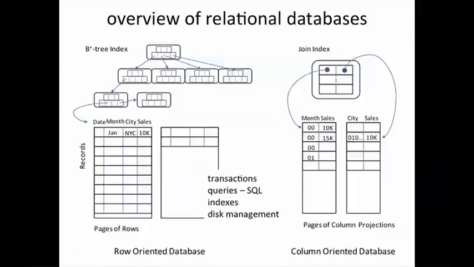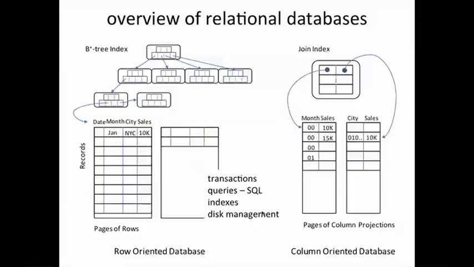Of course, by doing so, one loses the identity of an individual record, and therefore a column-oriented database needs to create extra information in the form of what is called a join index, where different rows in different disk blocks are pulled together to indicate that they actually form the same record.